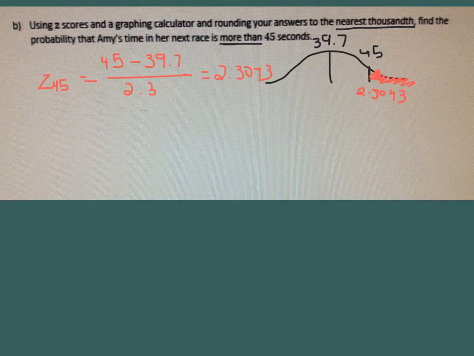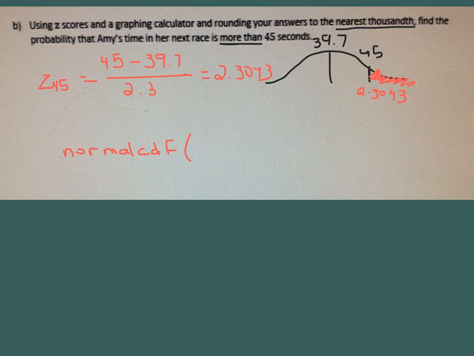Now we're going to do kind of like what we did with the last one. We're going to go to normal CDF in our calculator, and we need to include a lower bound as well as an upper bound. This z-score is our lower bound, because we want the probability that we start here and look at all the times above it.